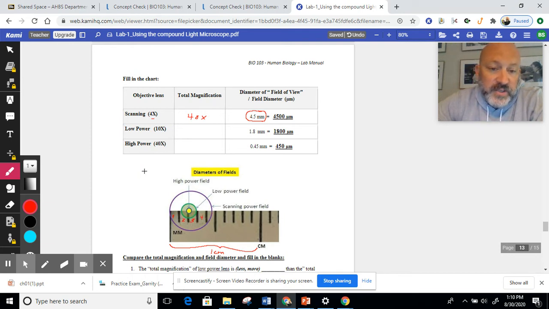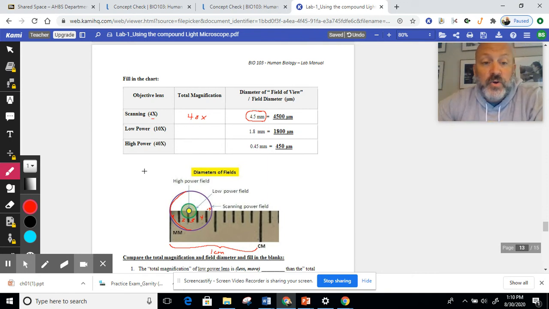And if you were on the actual microscope, you would see that the field of view would be somewhere in the middle of this fifth millimeter, and you would estimate that this is about 0.5. So the field of view when using the scanner lens, the red lens, the smallest lens, is 4.5 millimeters.